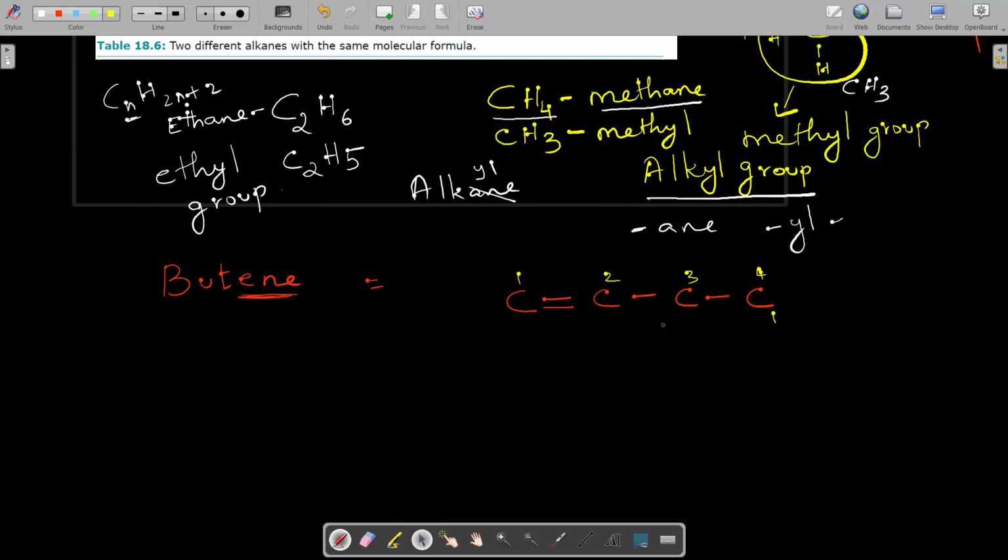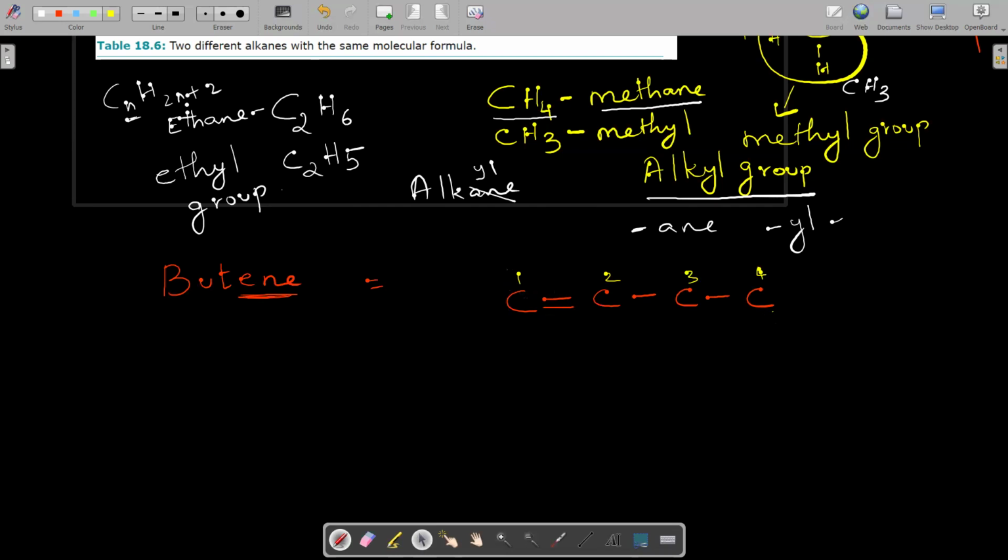So the lower value of the chain will be taken. So let's number it this way, and the first carbon has the double bond.